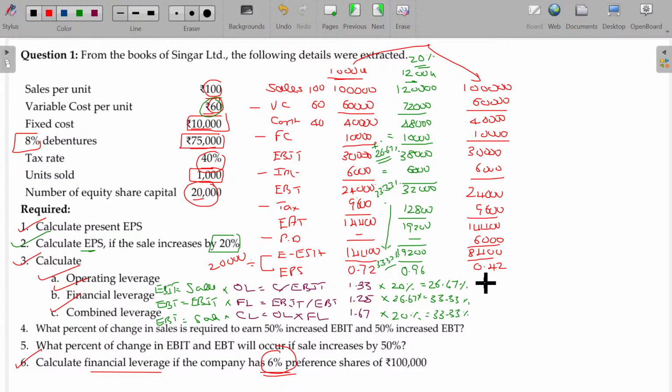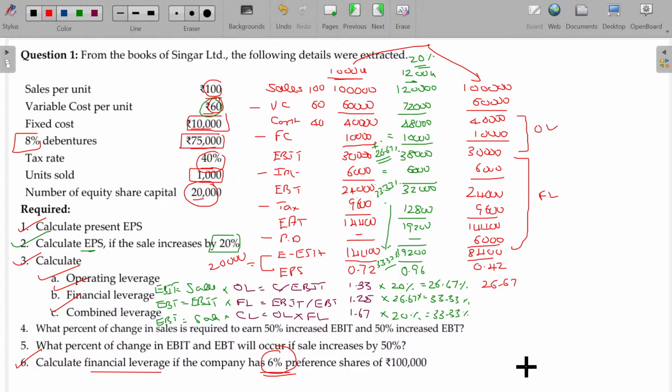What about the operating leverage? Operating leverage remains same. There will not be any change. These two will be called operating leverage. And usually these two are called financial leverage. But in the case of preference dividend, no. These two will be considered as financial leverage. Okay.